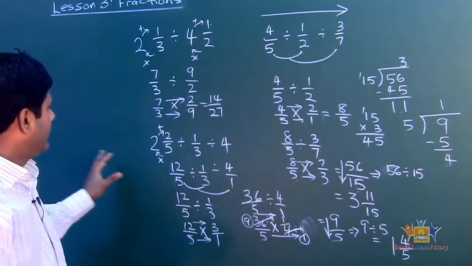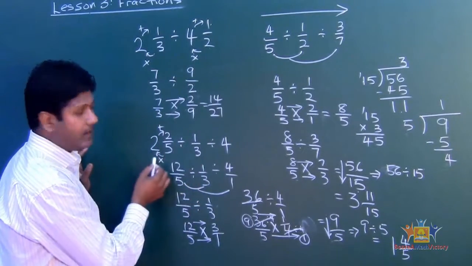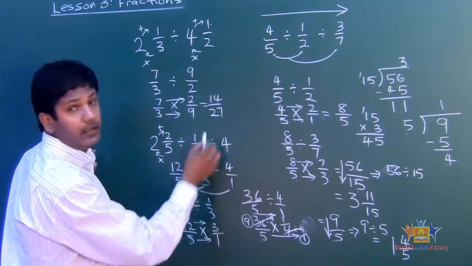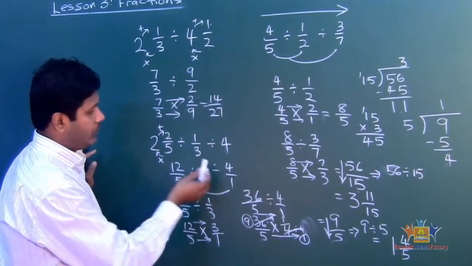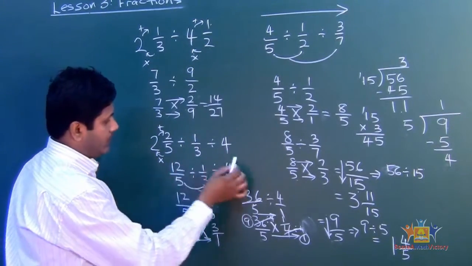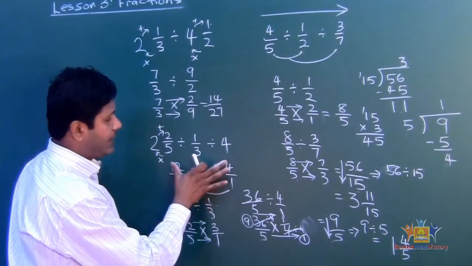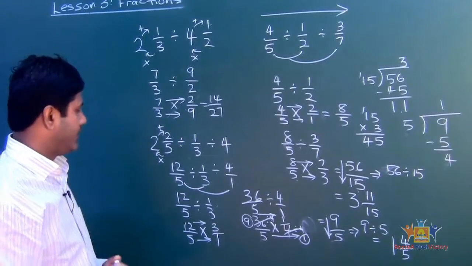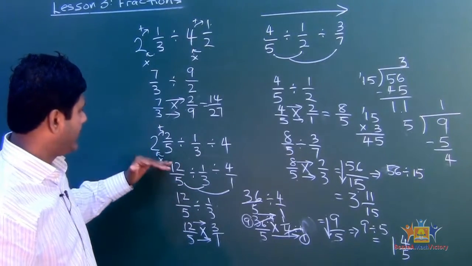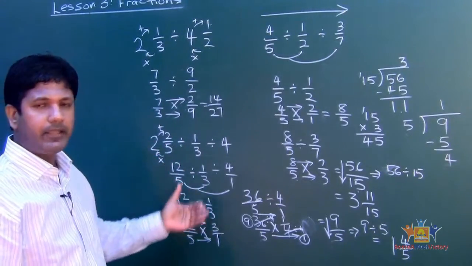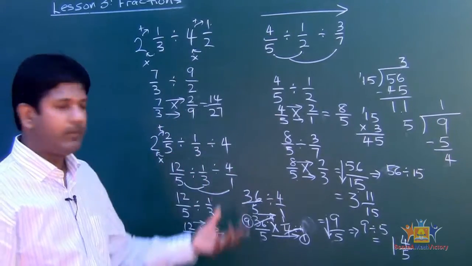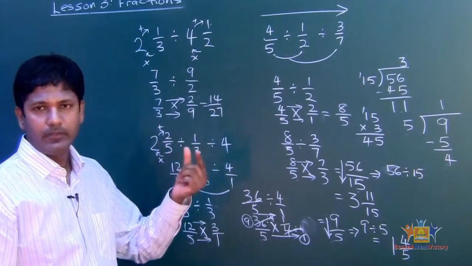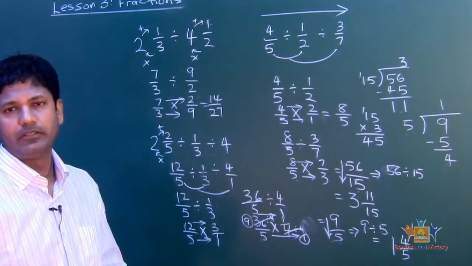I gave you a mixed number, a fraction, and a whole number. Don't let that intimidate you. They're pretty easy. I know the numbers look intimidating, but don't let that happen. When they're dividing and multiplying, always change all of them into fractions. You've got to have it in the form of a fraction.